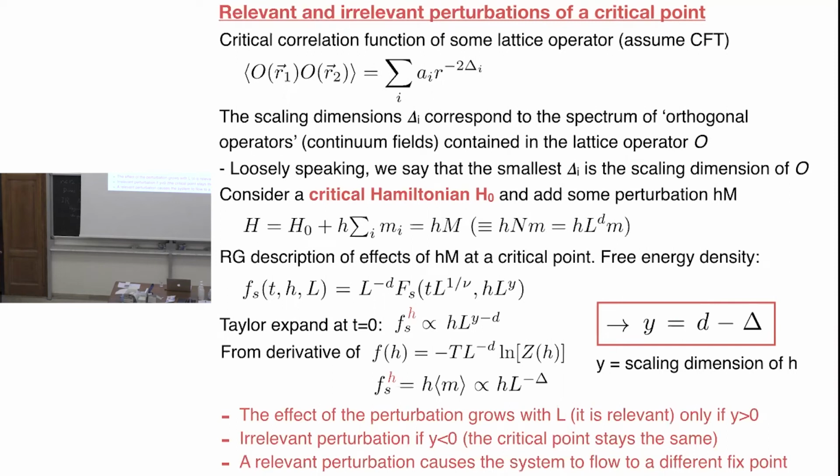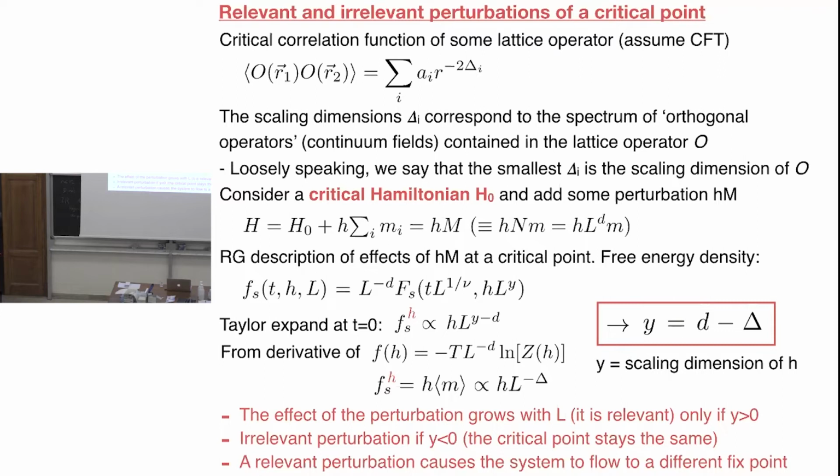But in any case, you can see from these expressions that if this argument eventually vanishes, that would mean that it's irrelevant, right? If it grows with L, it's relevant, and that means y larger than 0.